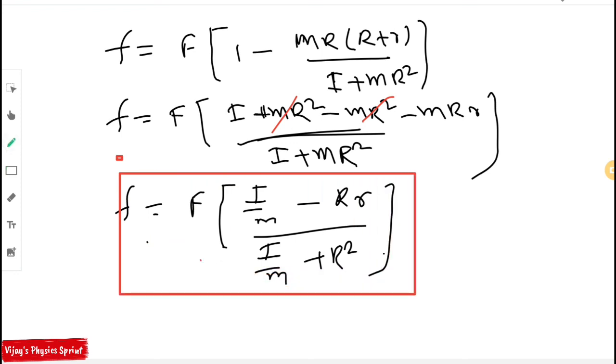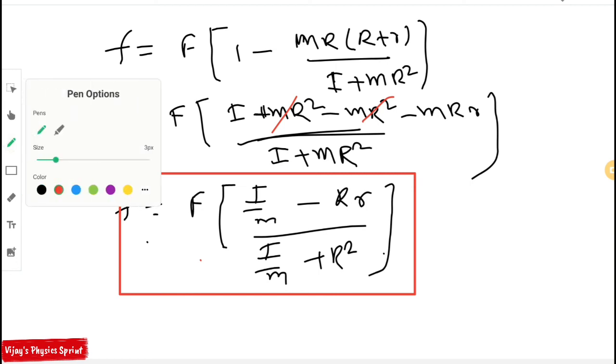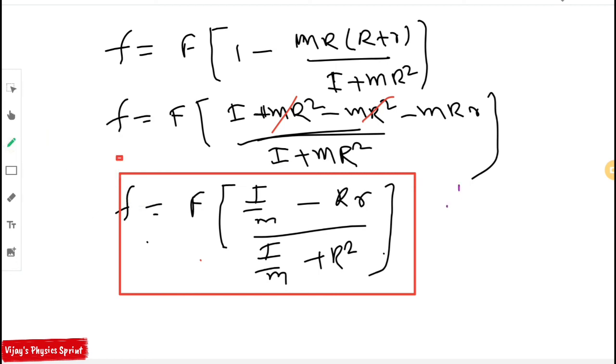Here, comparing the value of I by m with Rr: if I by m is equal to Rr, then the friction is zero, which means no friction acts between the spool and the surface.